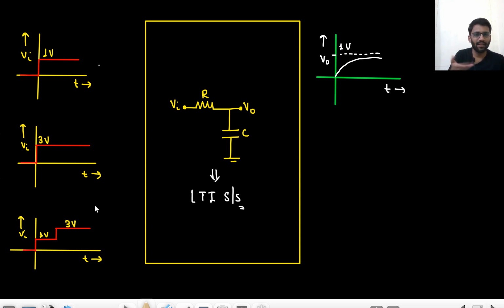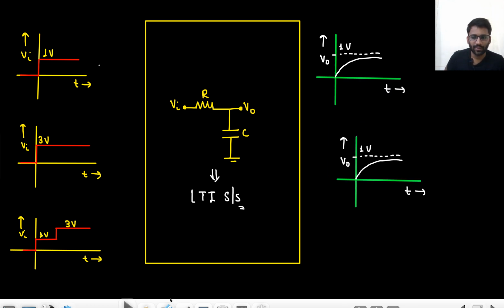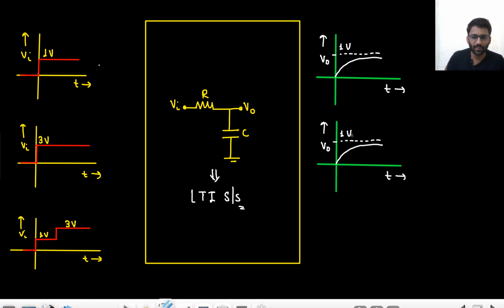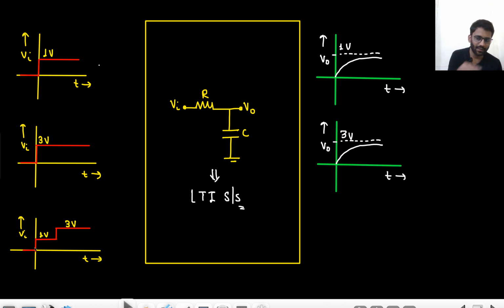Now if I amplify my input to 3 times, what will my output be? The same, just amplified by 3 times. So in the case of 1 volt, I will get 3 volts. Now what I am doing is first taking the same 1 volt input, then after some time amplifying it to 3 volts.